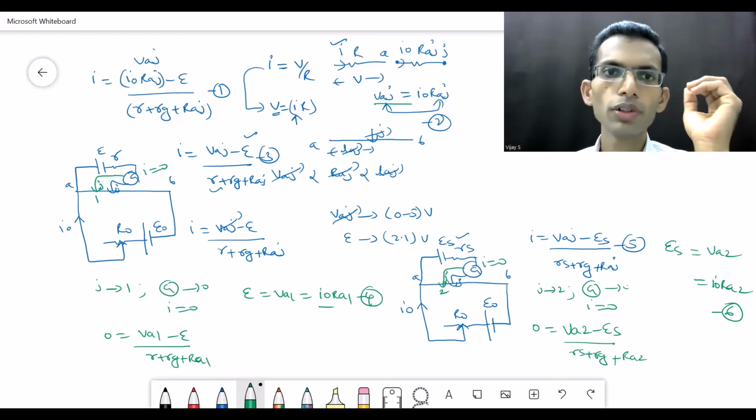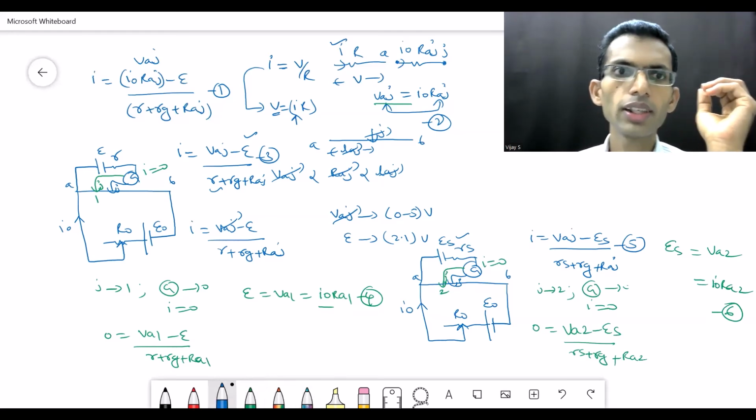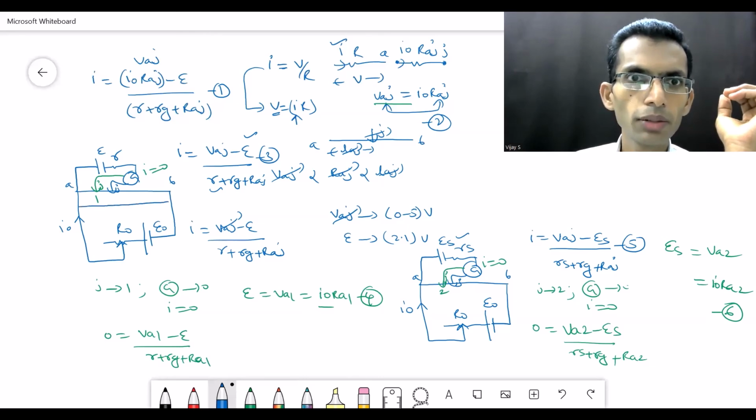One more thing here, a scale is kept below the wire AB. So this is the scale, with the divisions marked on it.